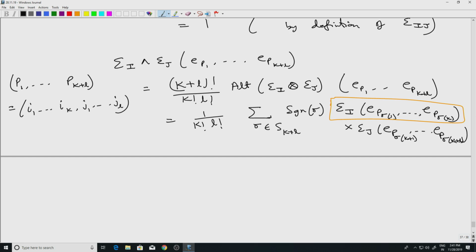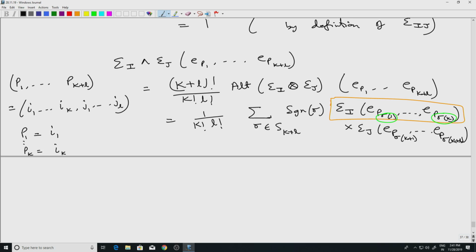Otherwise, if sigma takes any of these indices to something other than 1 to k, something in other words more than k, then epsilon I acting on that will be 0 for the simple reason that p1 is i1, pk is ik.